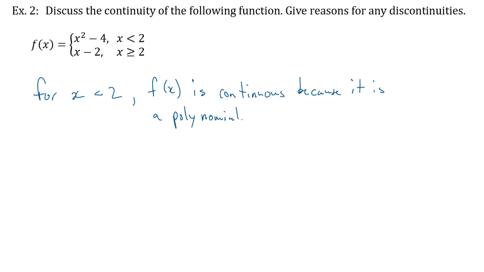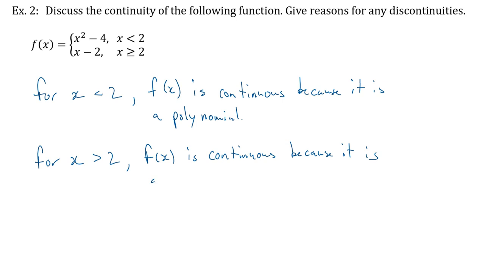For x greater than 2, not greater than or equal to, just greater than 2, f at x is continuous because it is a polynomial.